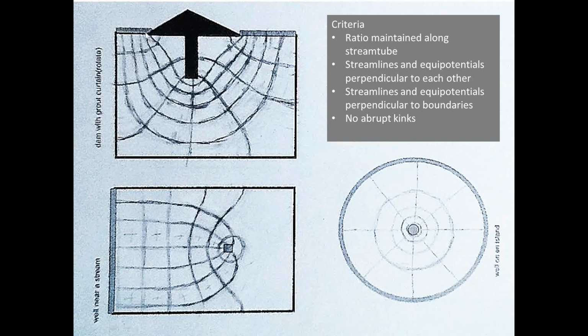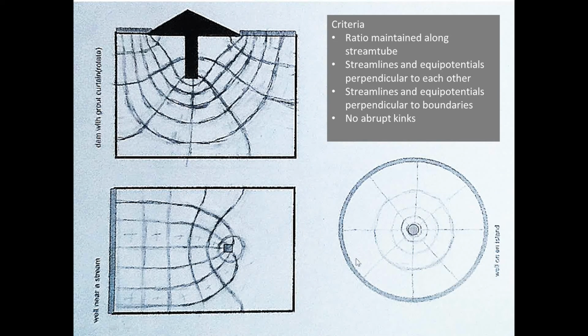This is the constant head, and this is the other one. So these are the streamlines, and flow is going along that pattern. And you can see that the ratio is maintained along these stream tubes, and everything is perpendicular where it intersects.